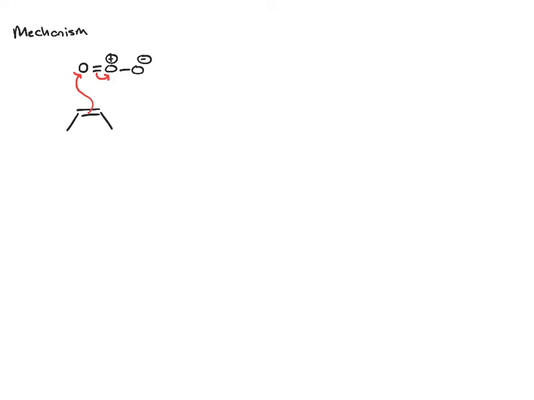And then at the same time, a lone pair from this negatively charged oxygen attacks one of the carbons of the double bond. When you do this, we get the ozone added across the alkene. We get this structure, which is called a molozonide.